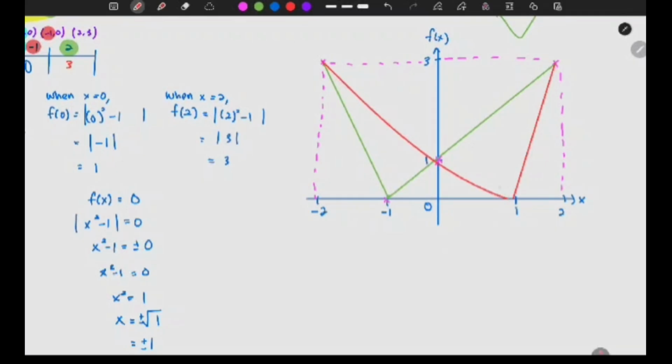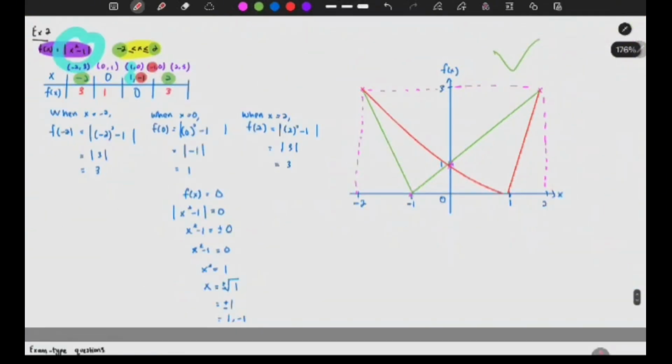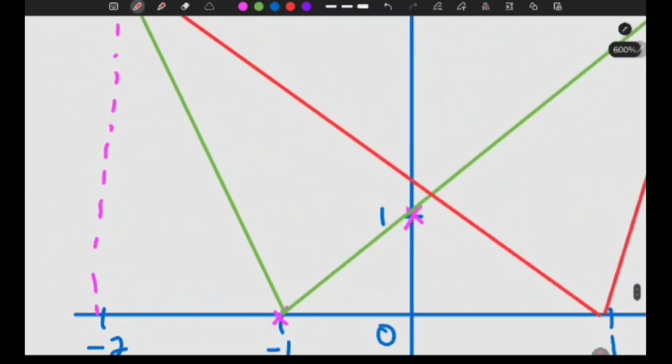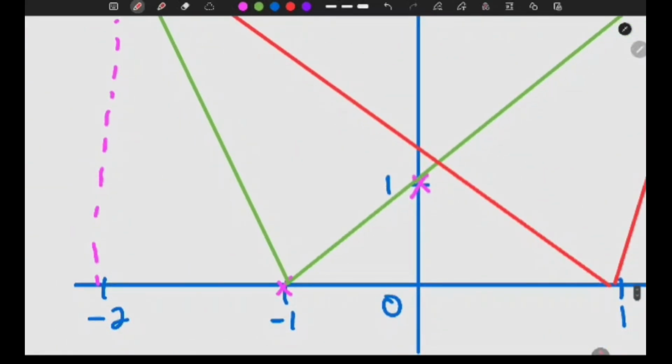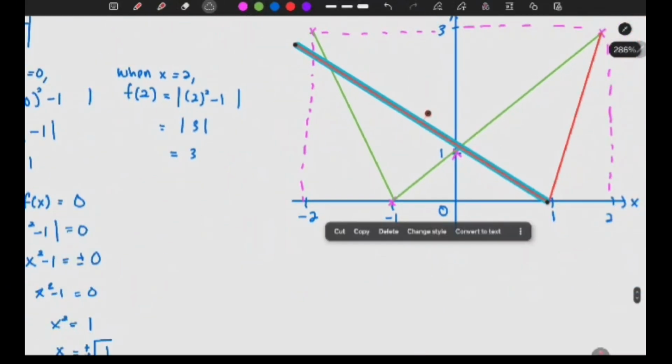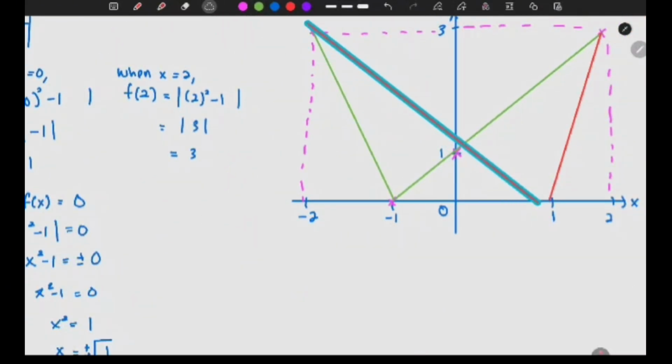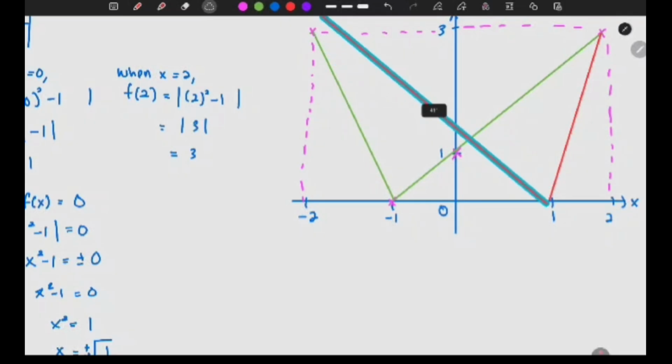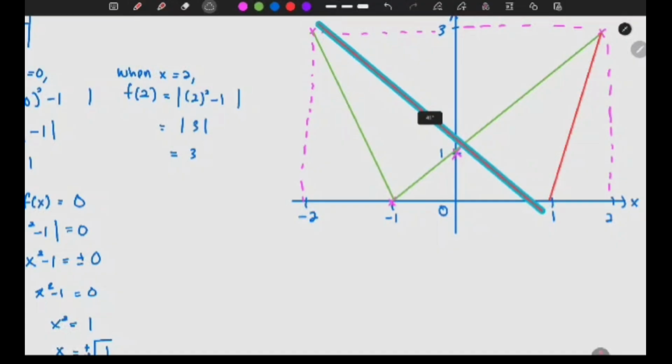This one did not touch at all. How should I adjust this? I need to make it touch this one, and I couldn't. You know what, guys? Actually, this part should be 1 because I can't adjust the graph, assume it 1.